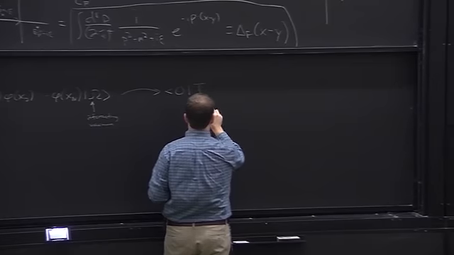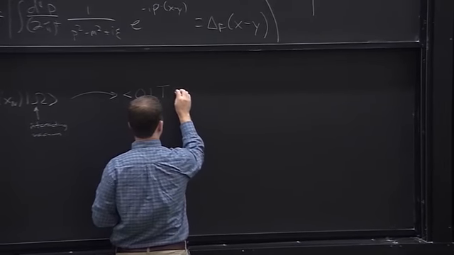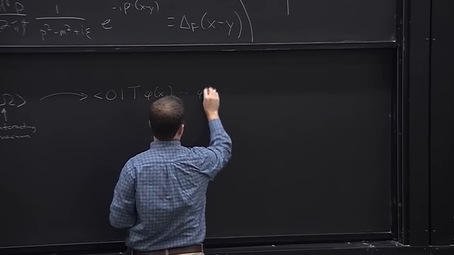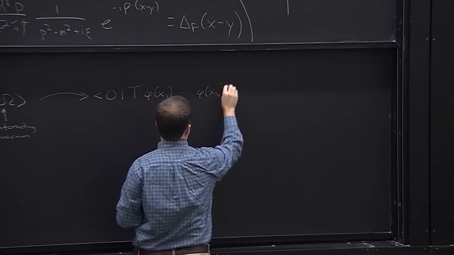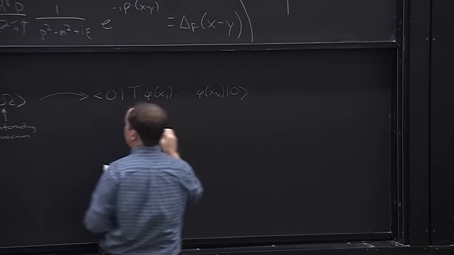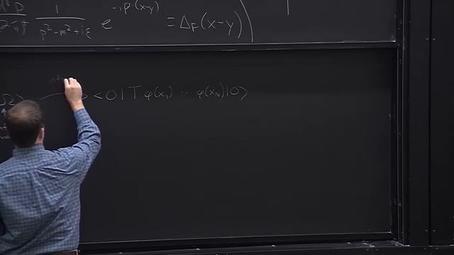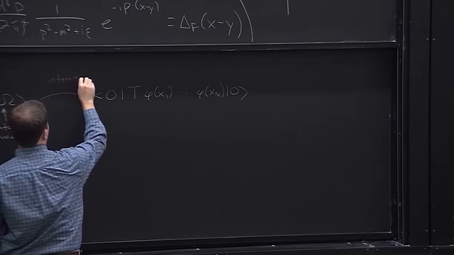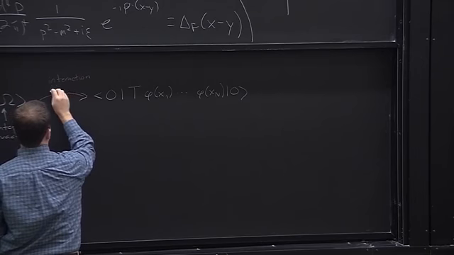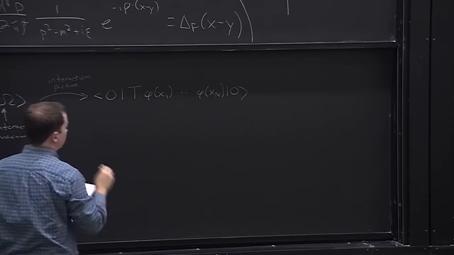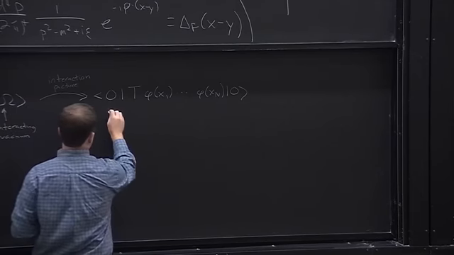And we'll do that on Monday. We do this by going to the interaction picture, which is kind of a hybrid between the Schrodinger and Heisenberg picture. And here, this is the free vacuum.